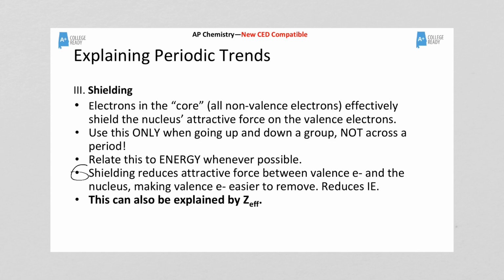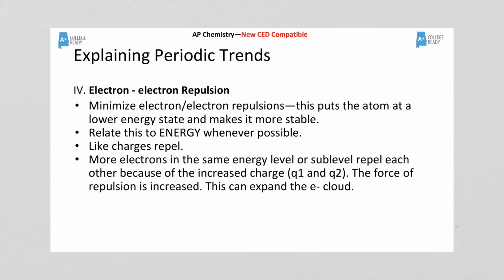In AP questions lately, you tend to be asked to answer these kinds of trends based on Coulomb's law. So I would recommend you make sure you understand how this affects Coulomb's law. Distant valence electrons are not as attracted to the nucleus because of that distance. Shielding plays a part, but it's really not as important to mention.